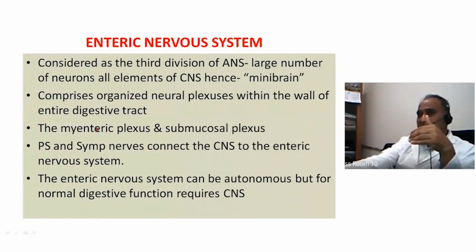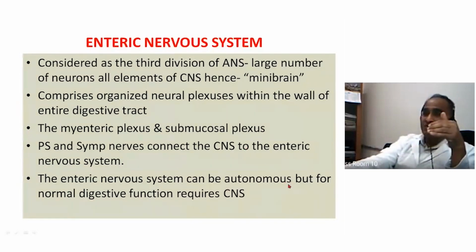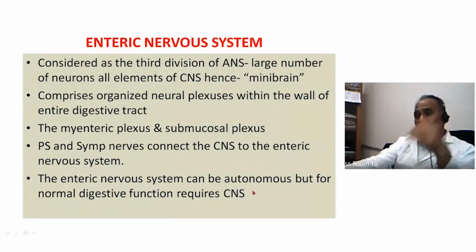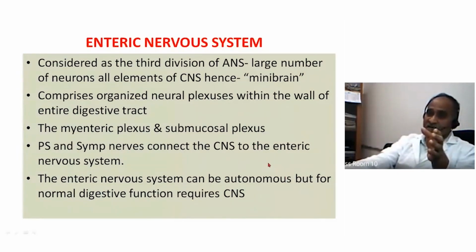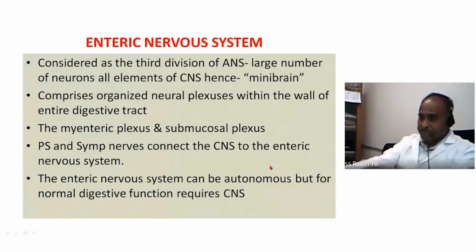The parasympathetic are the main ones, and the sympathetic will modulate the parasympathetic activity. The enteric nervous system can be autonomous. It is said that even without the nerve supply they can perform their functions, but for normal digestive functions they require coordination or integration by the autonomic nervous system.